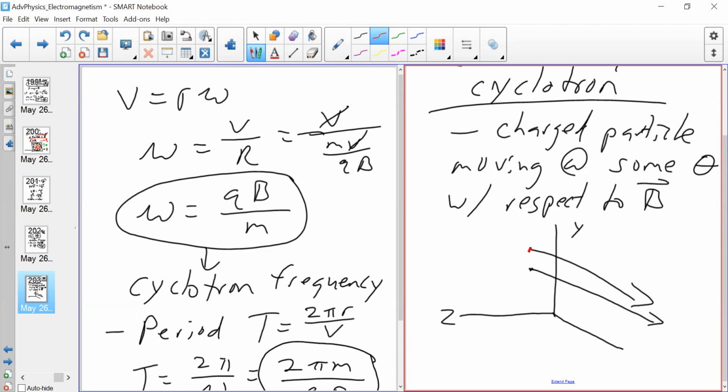Not literally. And here's the x-axis. So try to visualize this blue line.